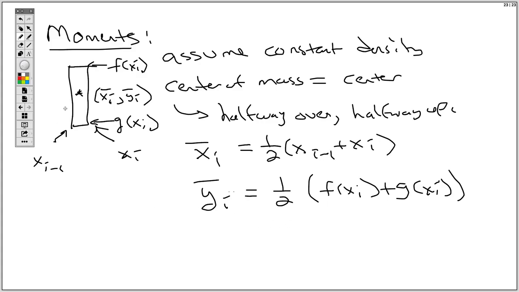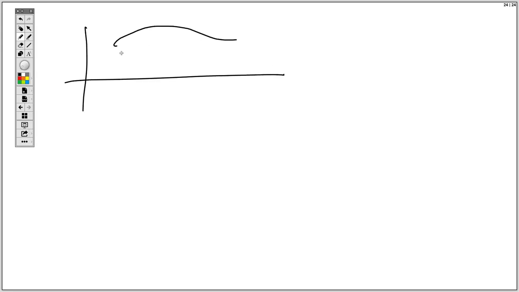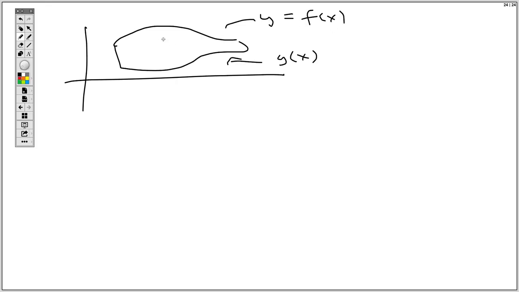So when we go talk about this now, with this region we've got, with your y equal f of x and your y equal g of x, and we're looking at this representative rectangle here, which is going to represent our slice. And we've got that point there, x sub i bar, y sub i bar.